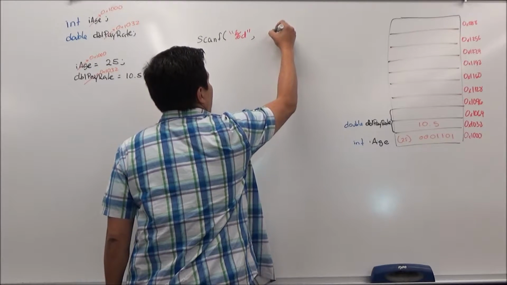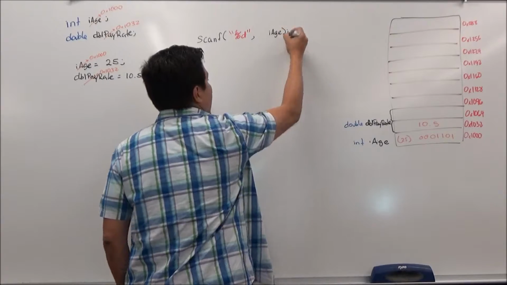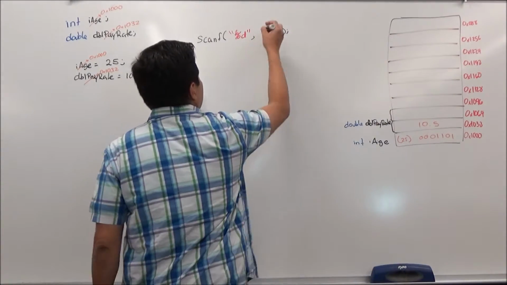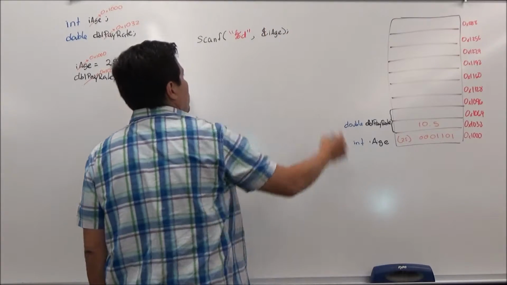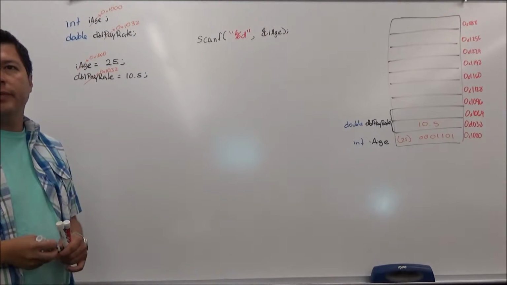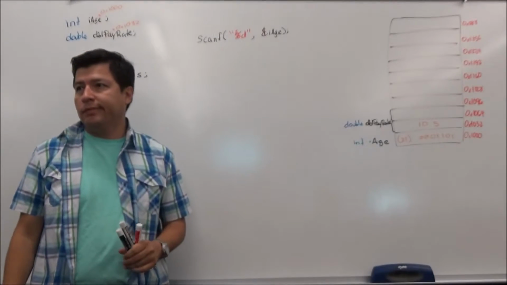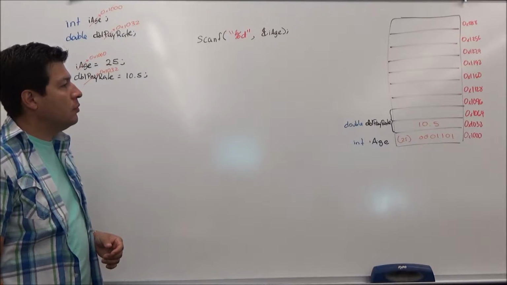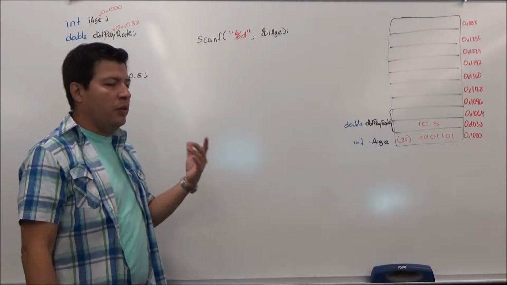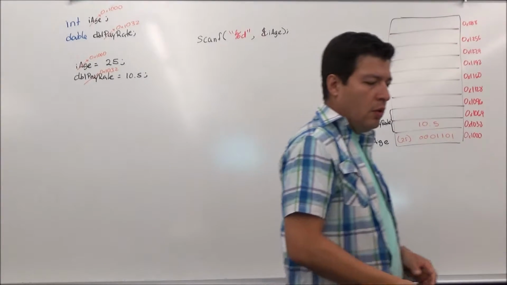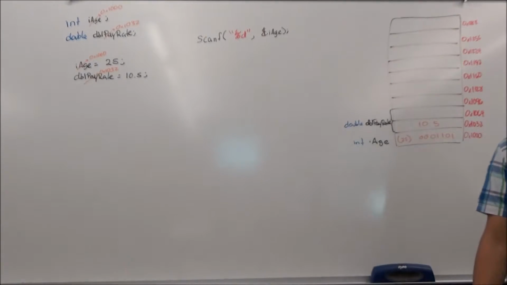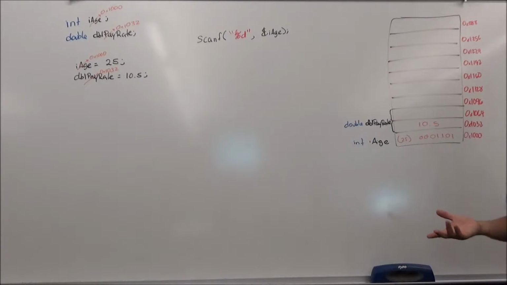And then we pass what? The address, right? We pass the address of where we want things to be stored. And to pass the address, we use the and sign. So, when we talk about pointers, we're talking about addresses, because they're just an address to hold an address.